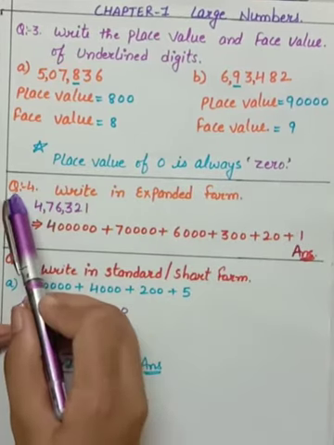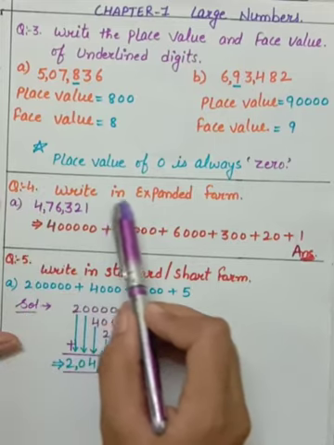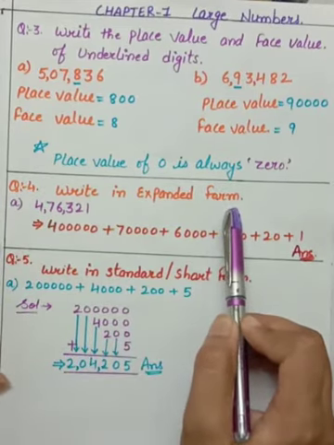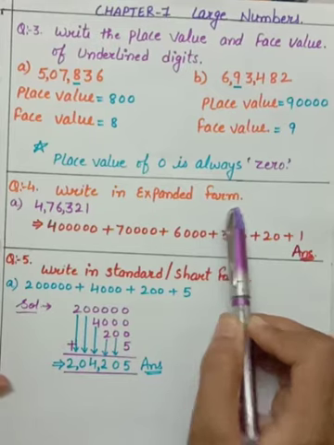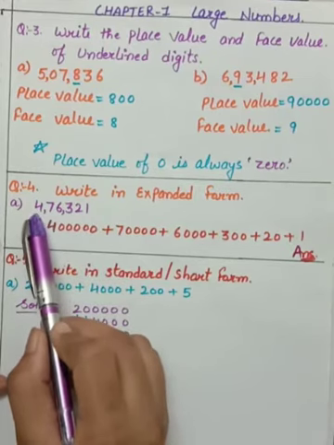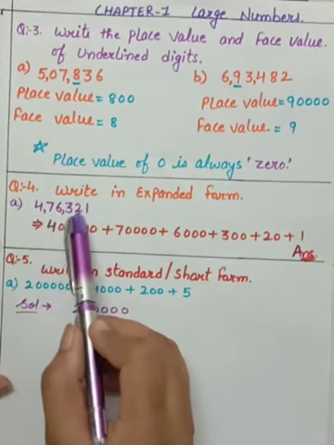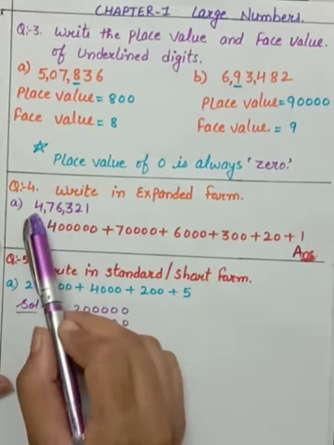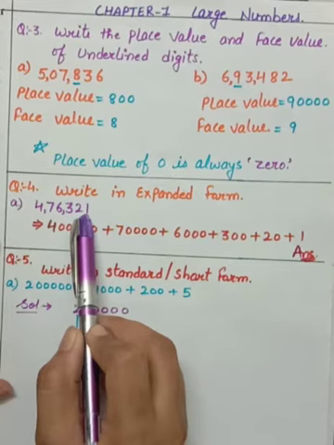Now see the next question, question number 4. Write the expanded form. Students, expanded form means a number is written as the sum of place values of each digit in the given number. See, here a number is given: 4,76,321. So we have to write all the places with the plus sign.